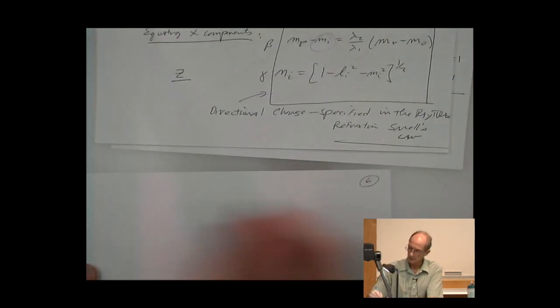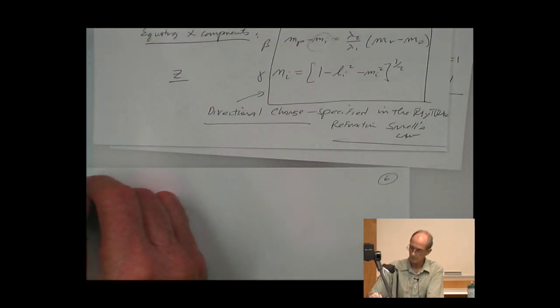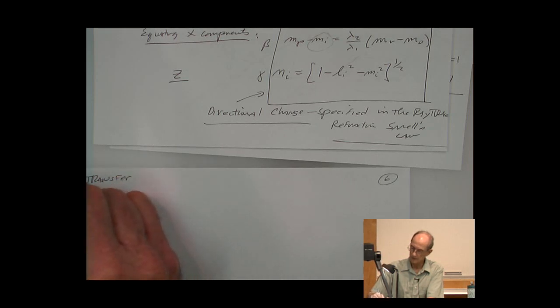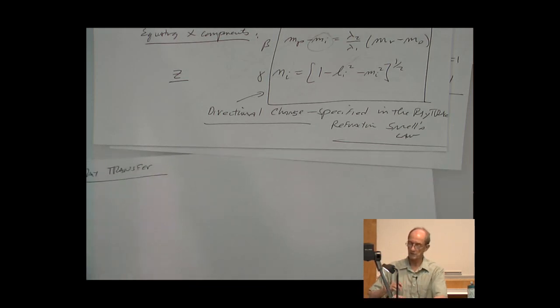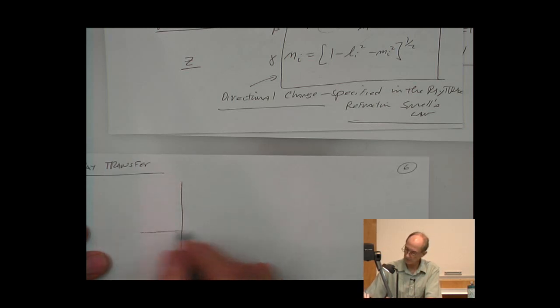So this is the directional change, and now we need the ray transfer, as we'd properly call it. That's not too hard to do, but there's a little trick that we have to incorporate in order to get that. So here is our hologram plane.